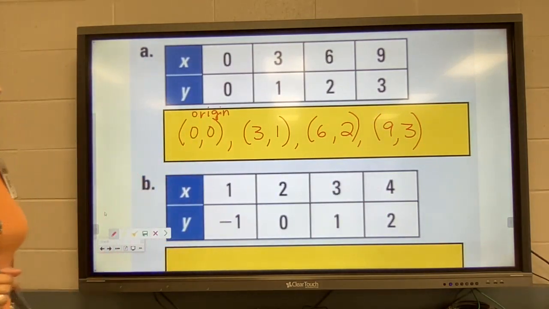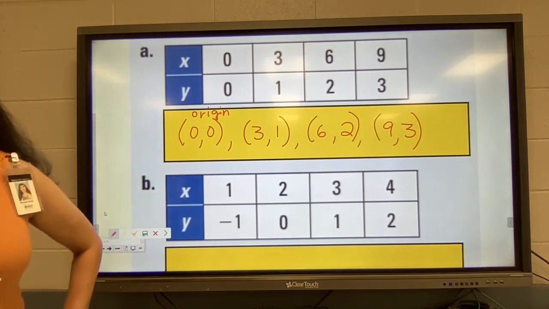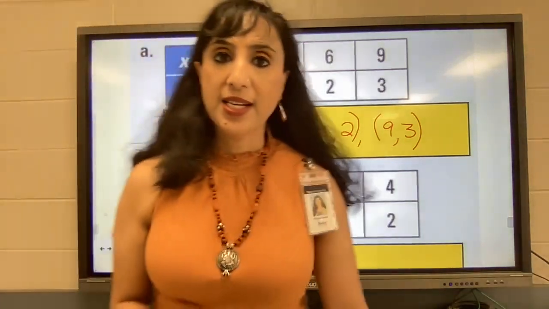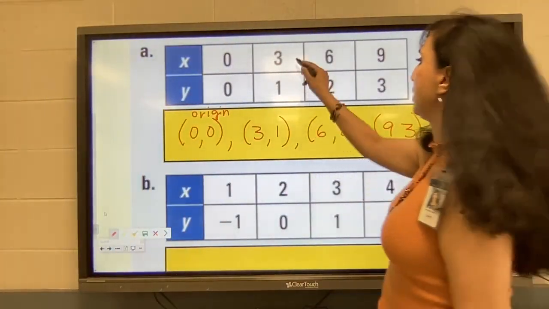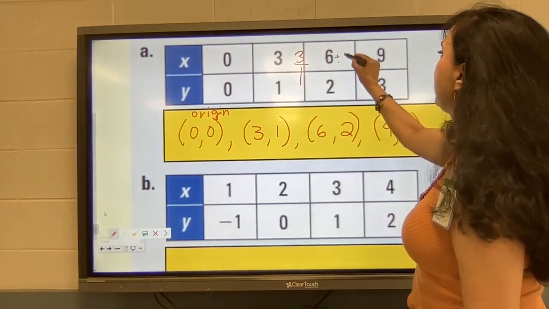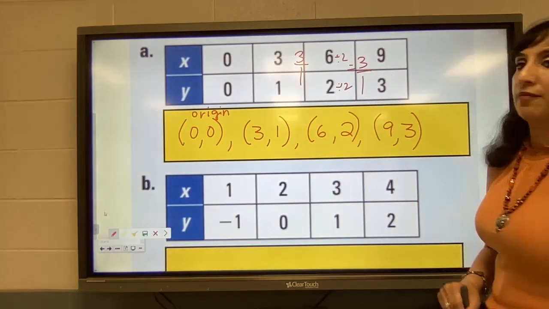Now let's look at the table. I can just look at the table and know whether it's going to be proportional or not, because my unit rate is going to be exactly the same. In this case, it's 3 over 1. 6 divided by 2, what do I get? 3 over 1.